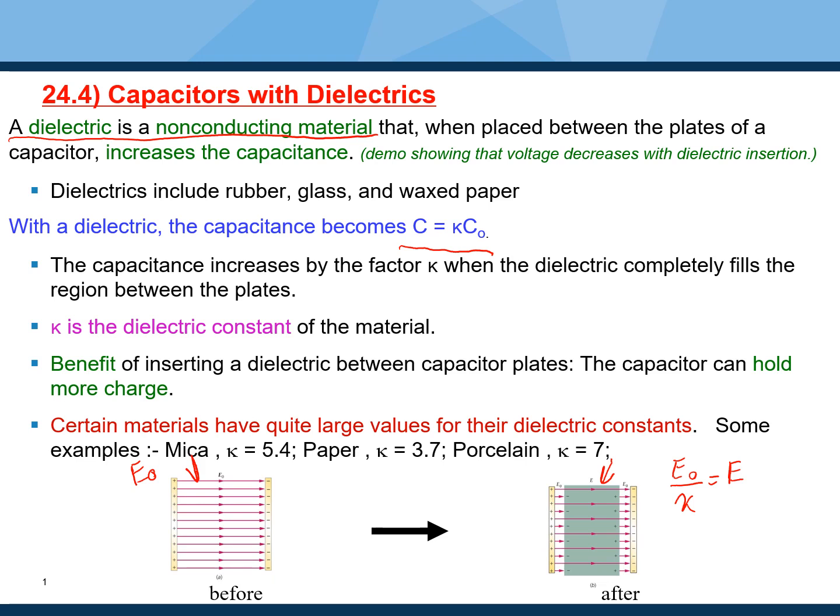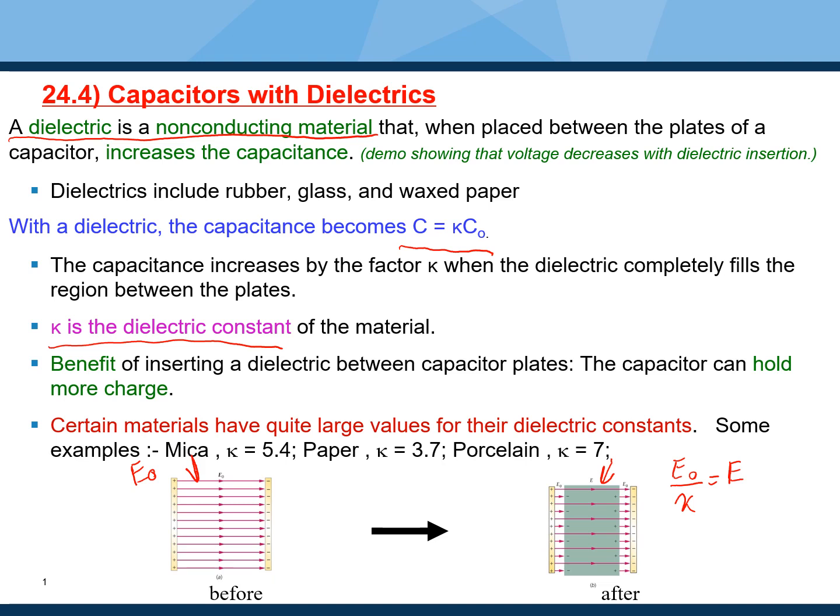Now, this factor of kappa is called the dielectric constant, and each different type of dielectric material will have a different dielectric constant. All dielectrics are non-conducting materials.